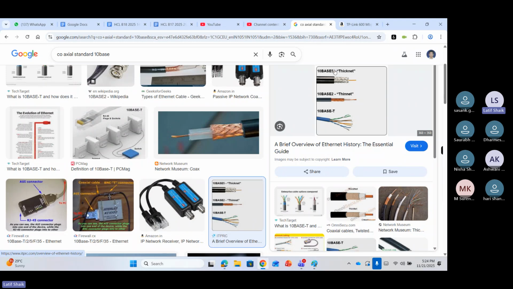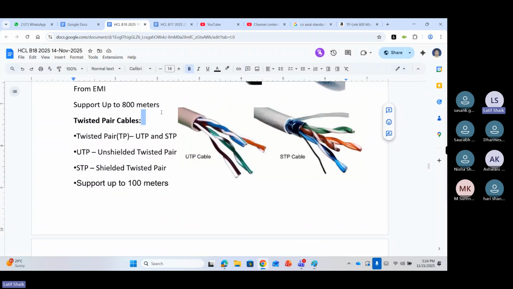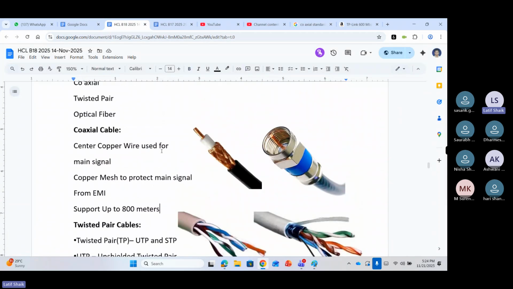Base2 and Base5 are a representation of thin net and thick net. T means twisted pair cable. Coaxial cables support up to 800 meters.